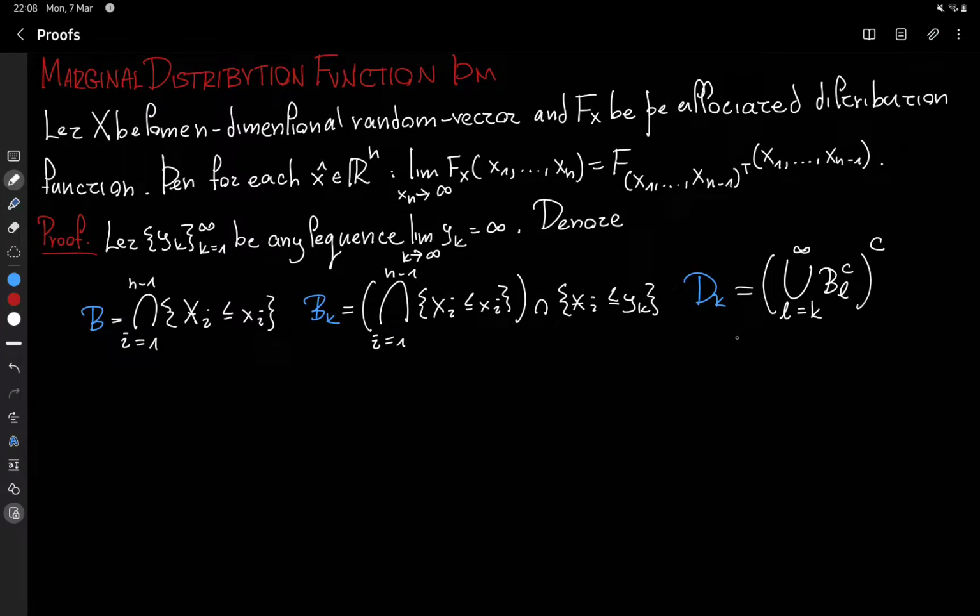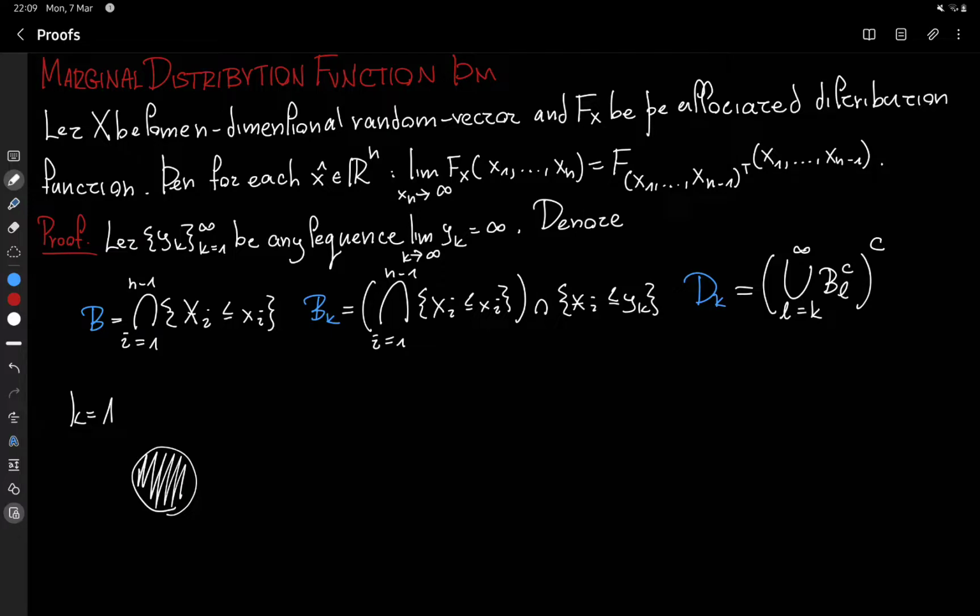Now, the D_k set may seem a little bit fuzzy, so perhaps a picture would be in order. Suppose that k is equal to 1. Then we will have some set B_1, and only this, and then this will be simply the set itself, right? Because we will have its complement, and then the complement of the complement, which is the set itself.